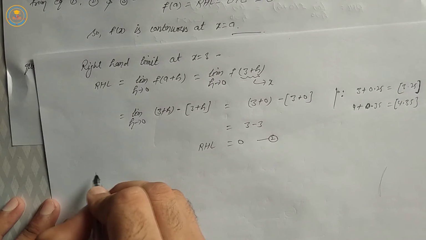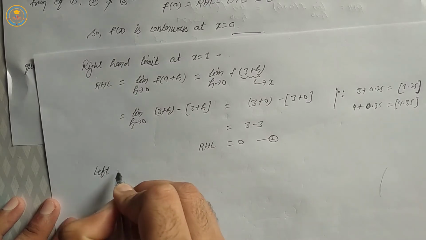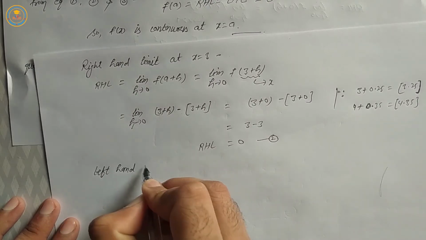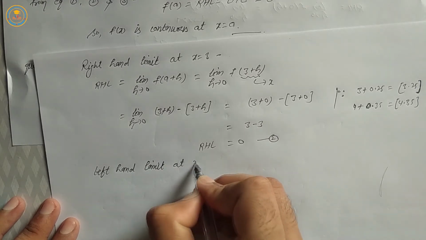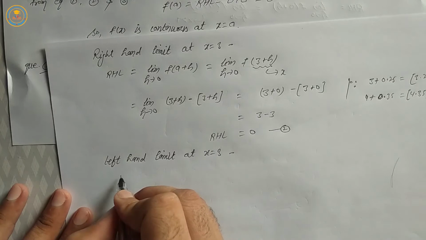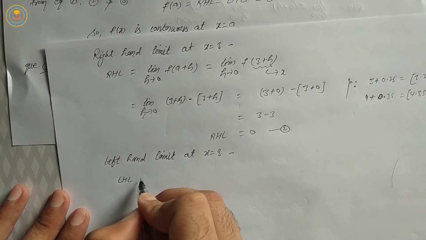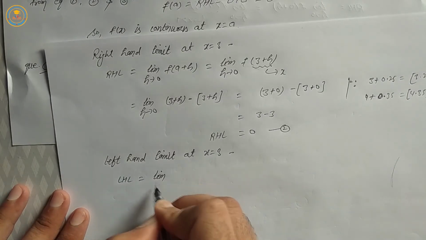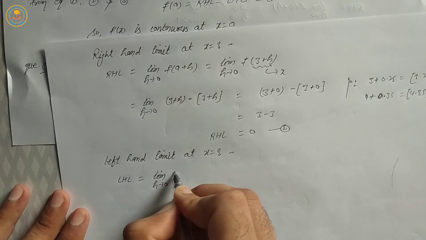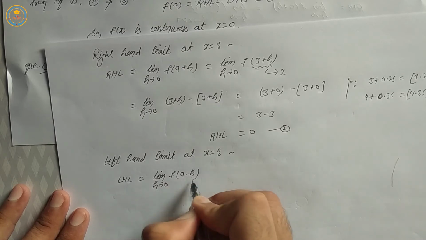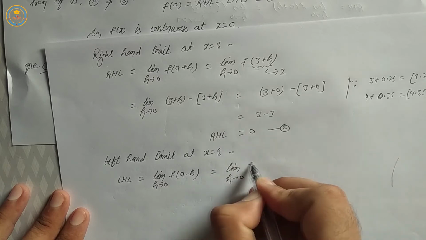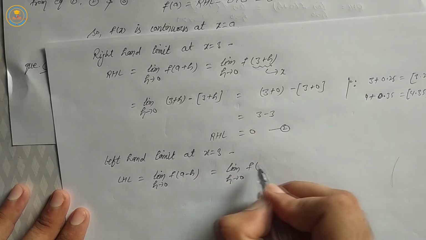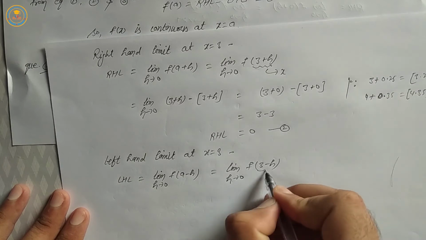Next, left hand limit at x is equal to 3. LHL is equal to limit h tends to 0 f(a minus h), which is equal to limit h tends to 0 f(a), where a is equal to 3 minus h.